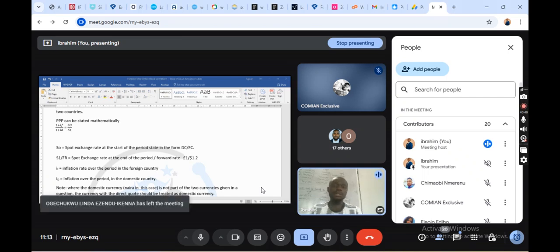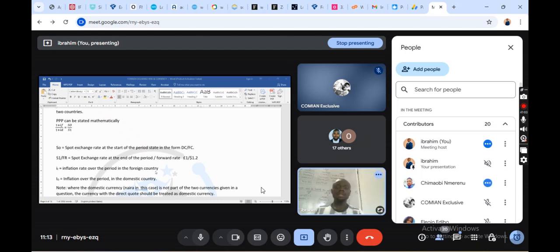Now, which one of these will be the domestic currency? Note down: where the domestic currency, naira in this case, is not part of the two currencies given in the question, the currency with the direct quote should be treated as the domestic currency.